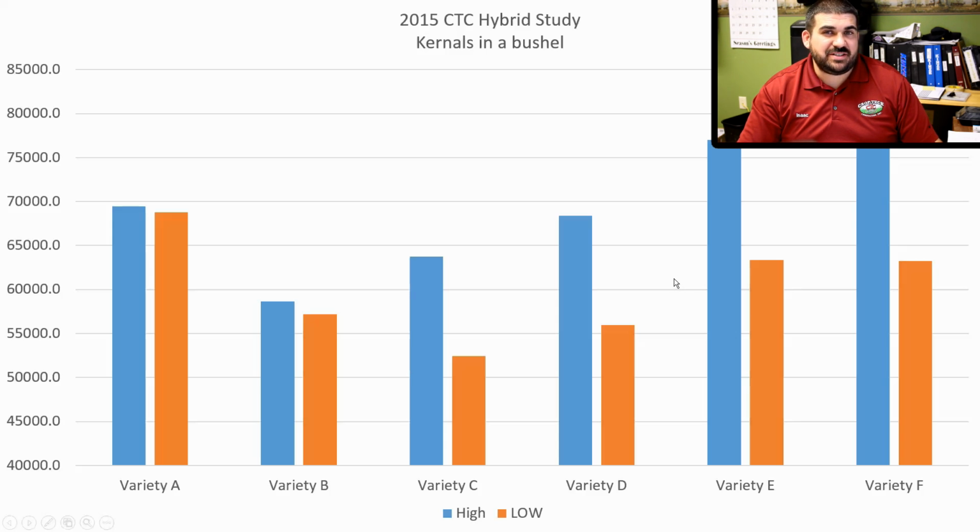And when we start changing the shape of a kernel, the size of the kernel, the density of it, it's going to flow differently. It's going to hit some of these pressure plates that we're using to measure yield differently in these yield monitors. And all of a sudden, our extremely accurate or well-calibrated combine introduces a little bit of error at different segments in the plot as we go through.